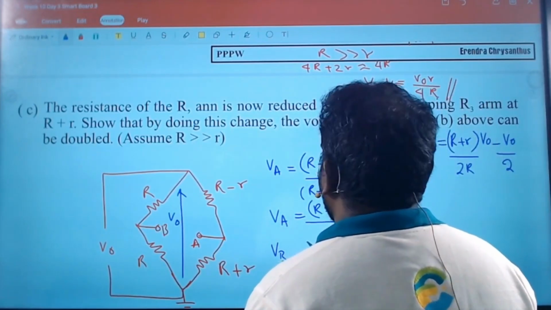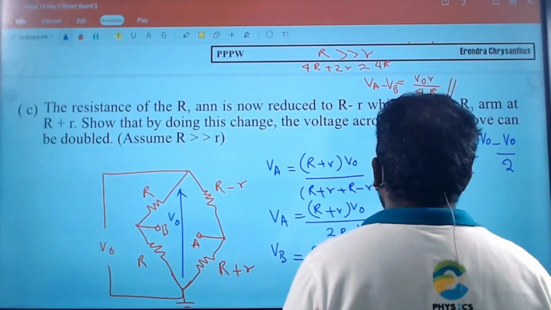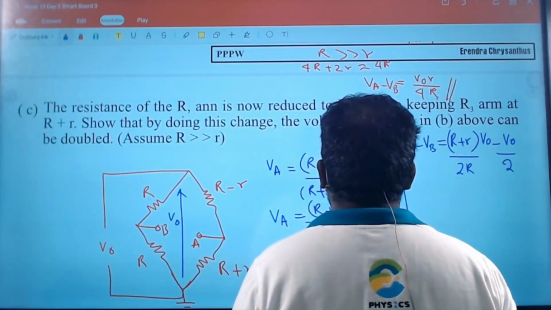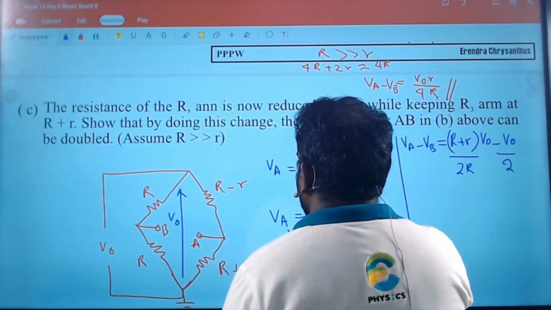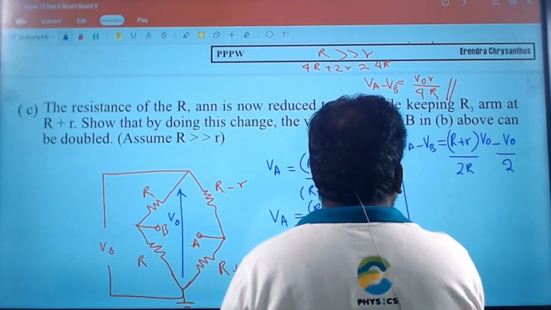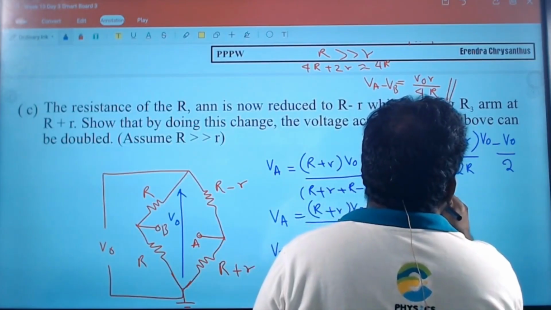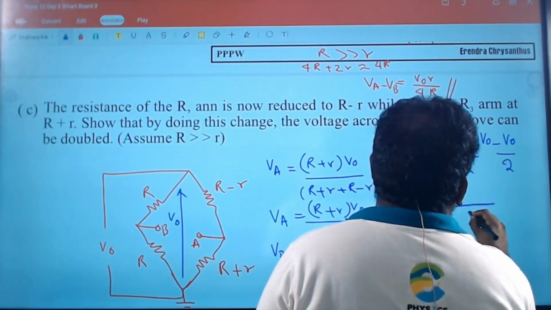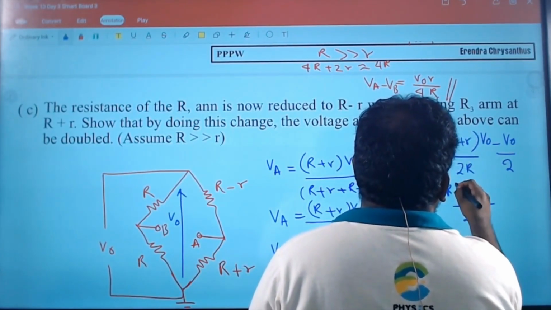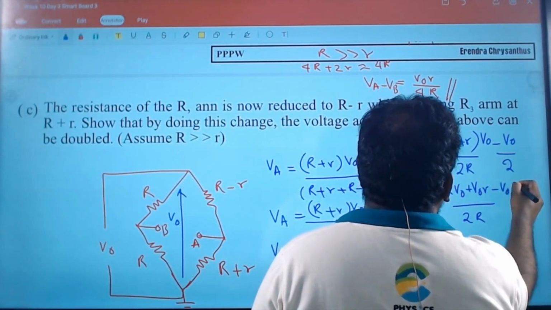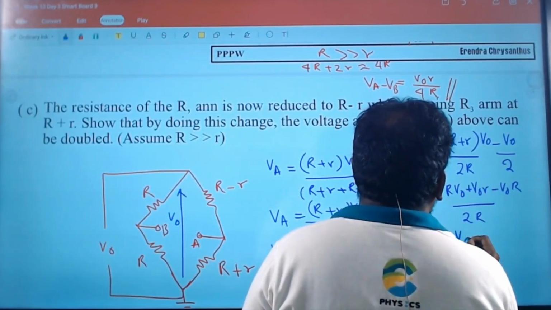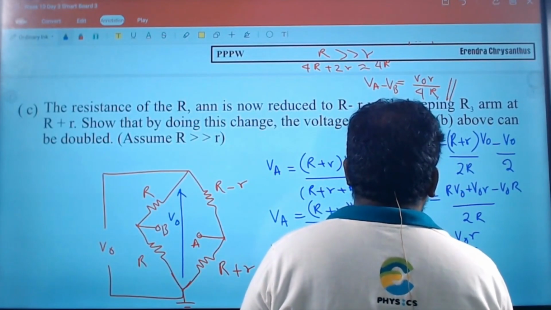Simplify this, the addition, right. 2R, R V naught, V naught ΔR, minus V naught R, V naught ΔR over 2 capital R. VA minus VB.